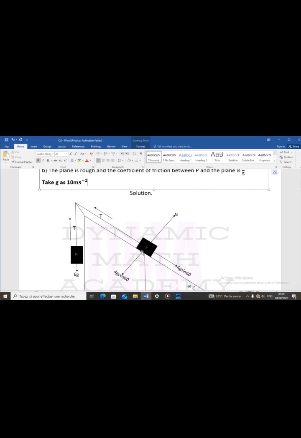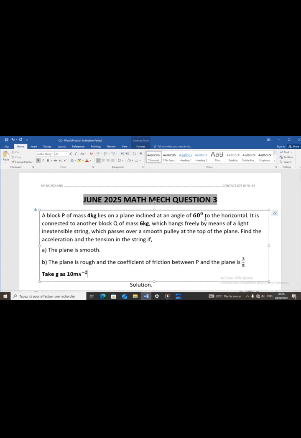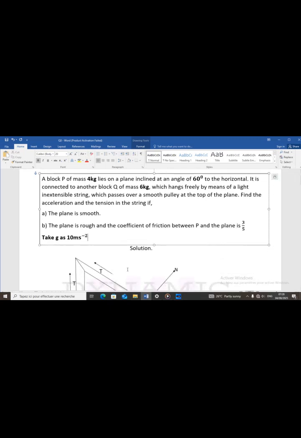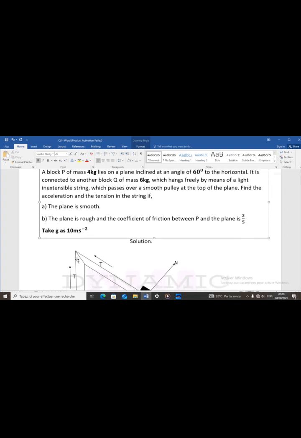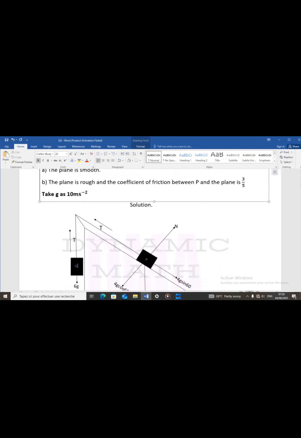So this is block P. Let us continue. It is connected to another block Q of mass 6 kg, which hangs freely by means of a light inextensible string which passes over a smooth pulley on top of the plane. So this is the top of the plane. We will just assume that there is a pulley here, and block Q hangs freely. So this is how the diagram is supposed to be.